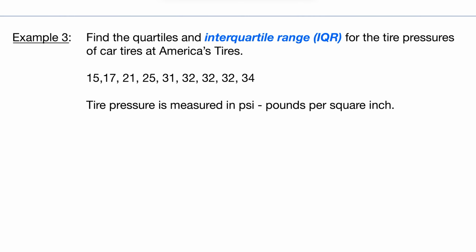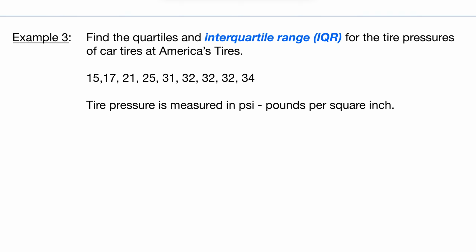When you are analyzing data in real life, data isn't necessarily sorted in ascending order, so one of the things you're going to want to make sure you do when looking at quartiles and interquartile range is to put those numbers in order. I know I use the acronym PSI, but just be aware that tire pressures are measured in the United States in PSI, and that stands for pounds per square inch.